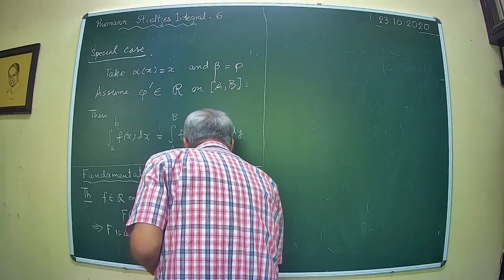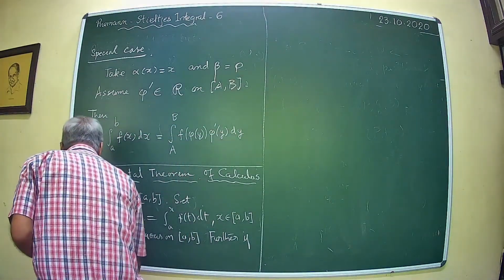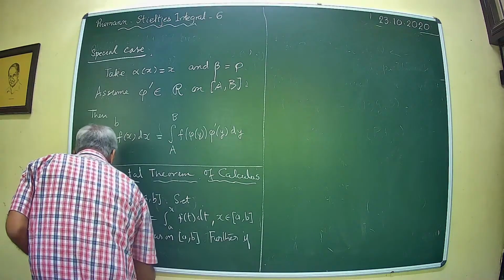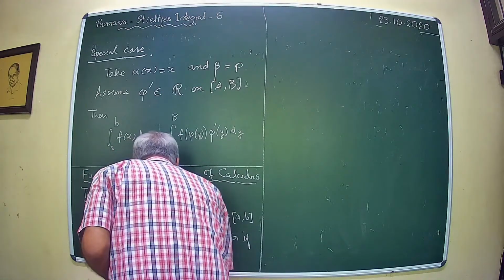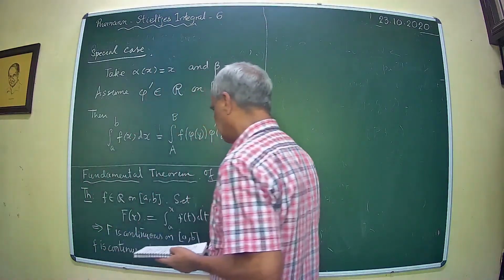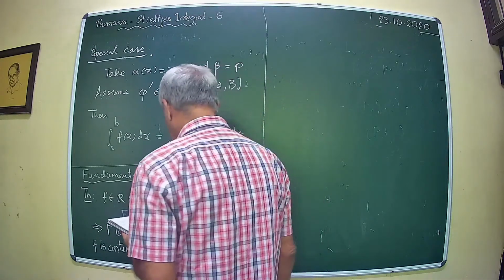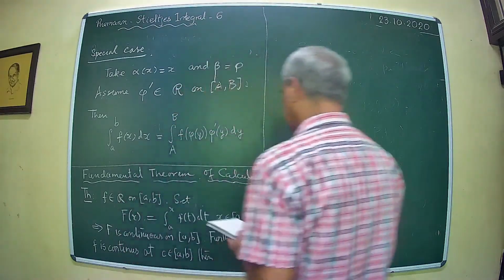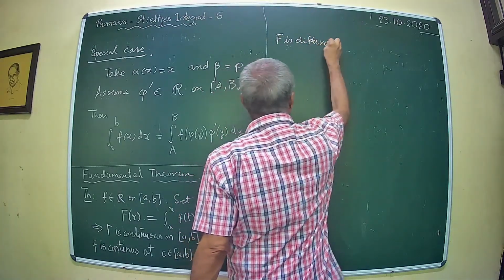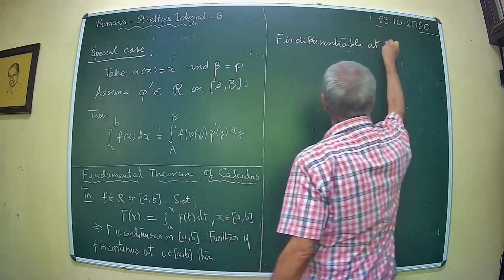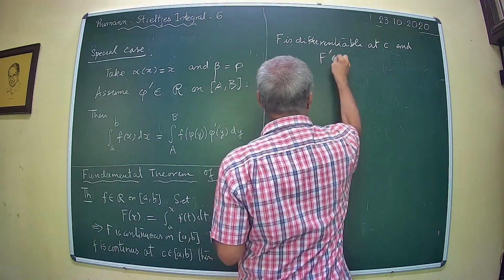Further, if f is continuous at c belonging to AB, then capital F is differentiable at c, and we have F derivative of c equal to f(c).